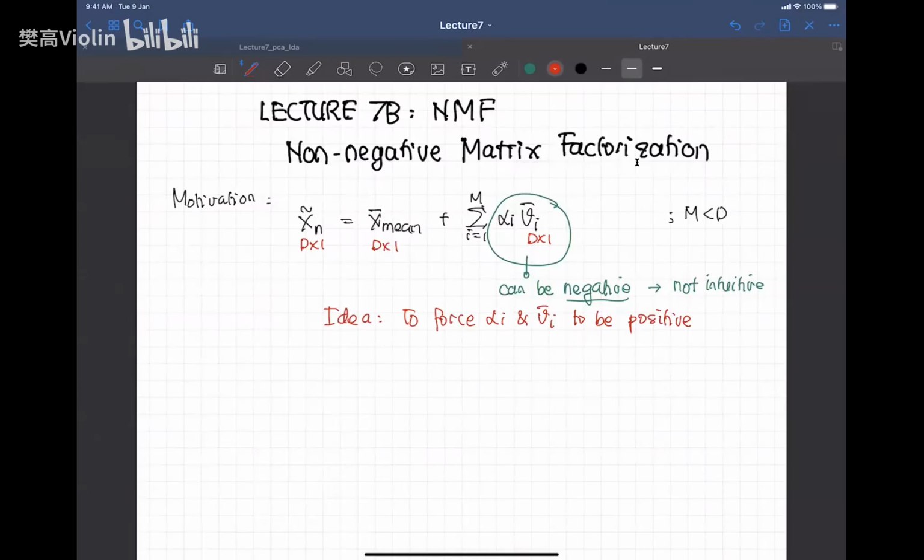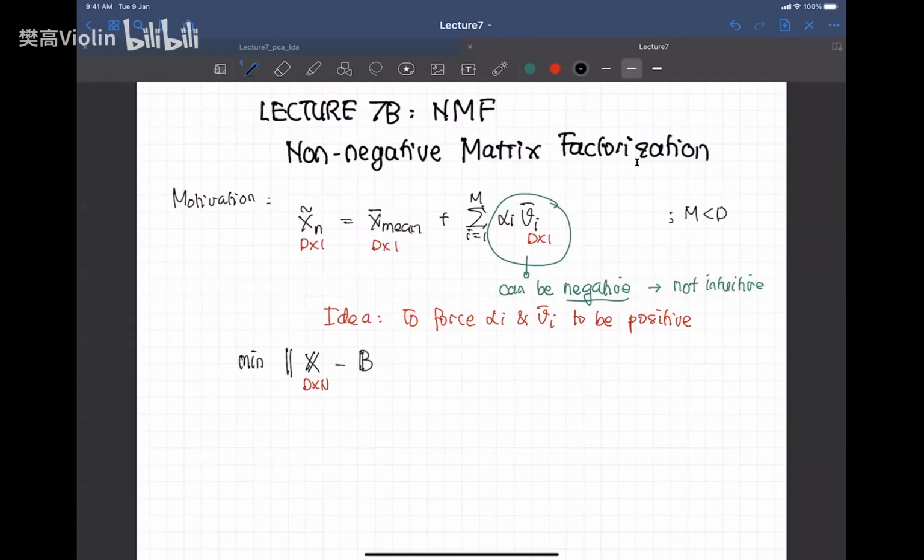The basic idea is similar, meaning that we have the mean. So for example, X is all the data that you have. This one is D by N, where N is the number of your data, minus the basis V. Previously we used V, but B here is actually V that is positive, V that cannot be negative.